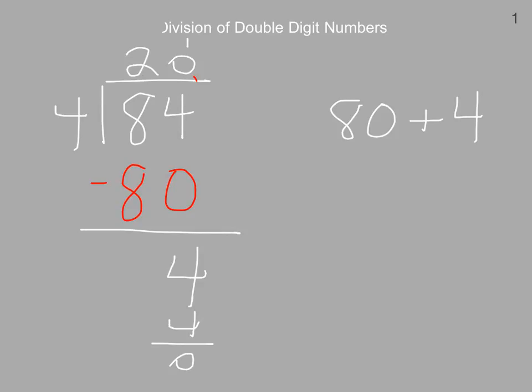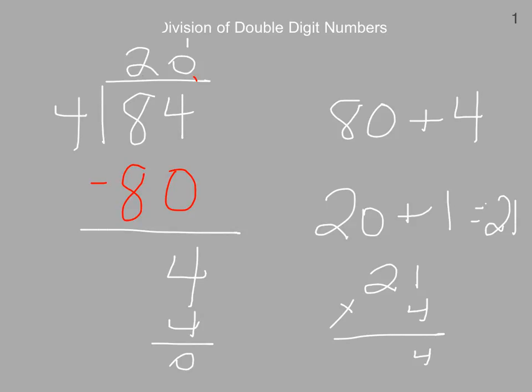So now at the top here we have the number 20 plus 1, which is equal to 21. Again, a real emphasis on place value there. So now if I go 21 times 4, I'm going to get 84 as my answer. And all the students say, huzzah, to congratulate themselves for matching those two numbers up.